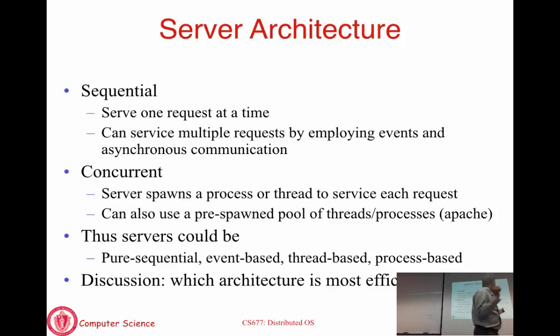So these two architectures give you more concurrency than the pure sequential case. They are more complicated because you have to have either a multi-threaded or a multi-process system with synchronization and communication between the components, etc.